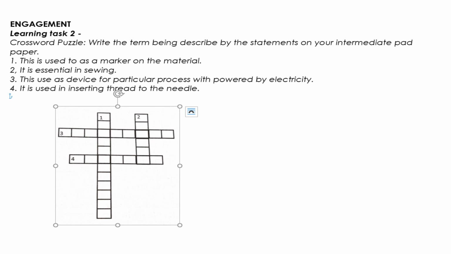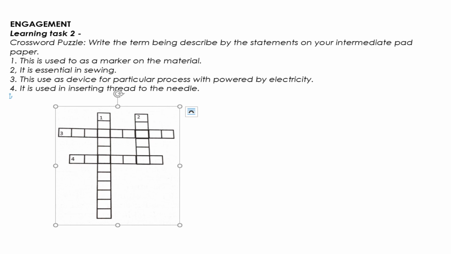Okay, so number 1, pababa. So we have how many letters? 1, 2, 3, 4, 5, 6, 7, 8, 9, 10, 11, 12. Okay.